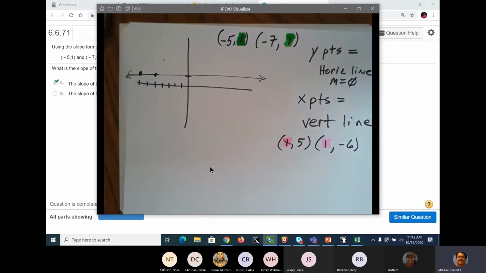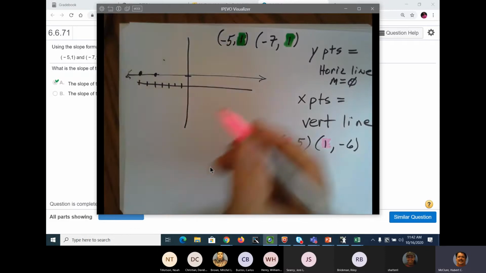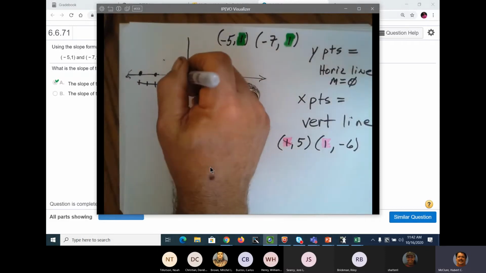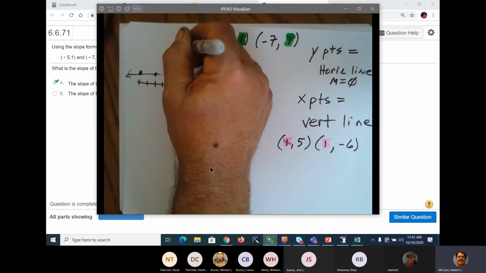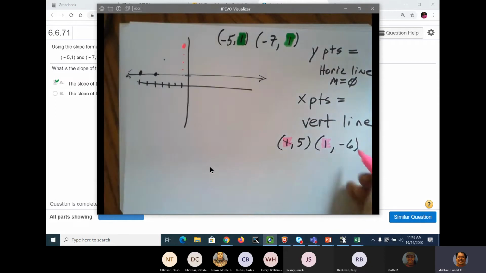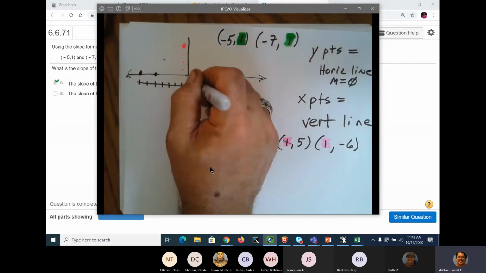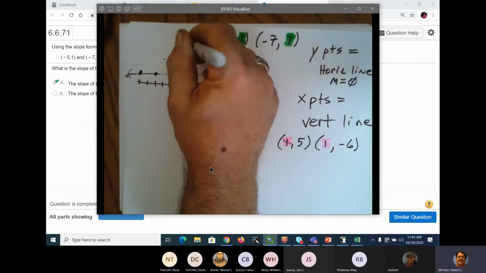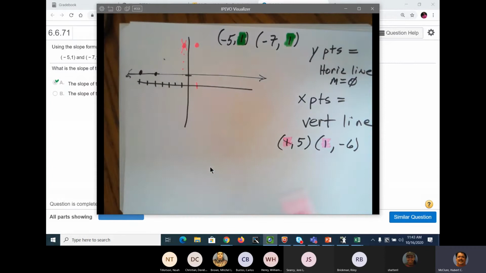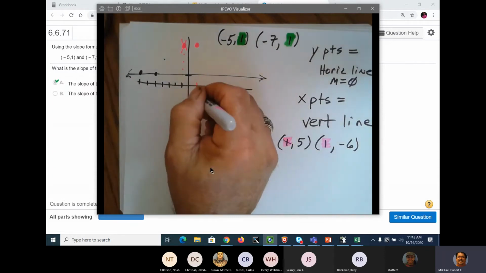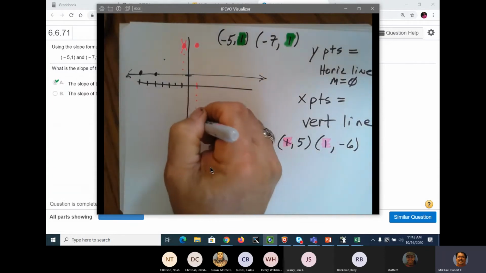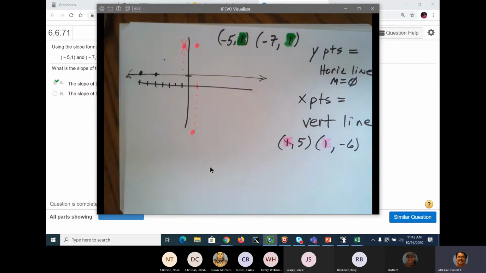If your x points are equal, let's draw that. 1 and 5. 1, 2, 3, 4, 5. And 1 and -6. 1, 2, 3, 4, 5, 6. You've got a vertical line.